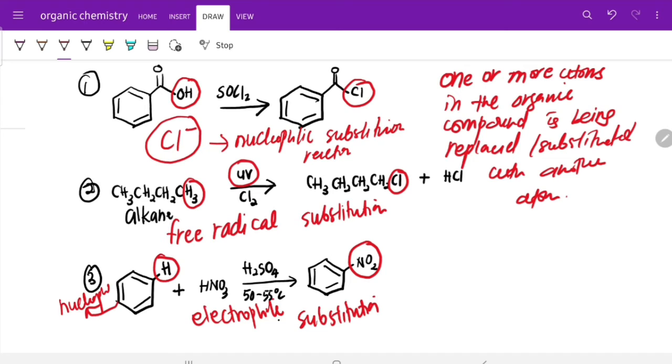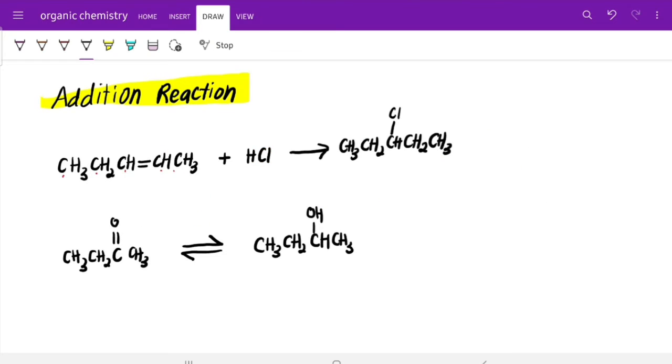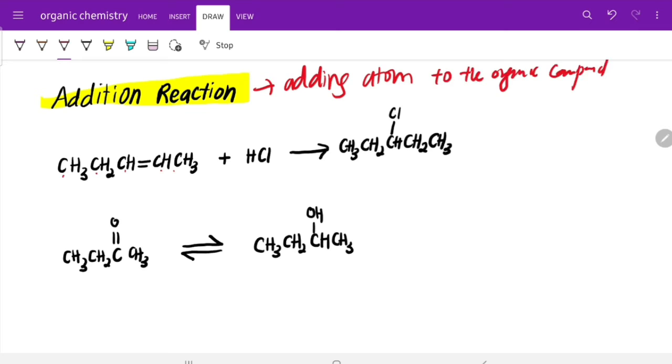Let's move on to addition reaction. Addition reaction means we are adding atoms to the organic compound. The atoms added can be one, two or more. This is a common reaction for organic compounds that have C double bond C, C double bond O, or C triple bond C, which is in your alkyne.